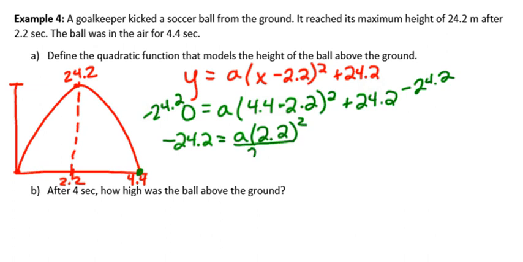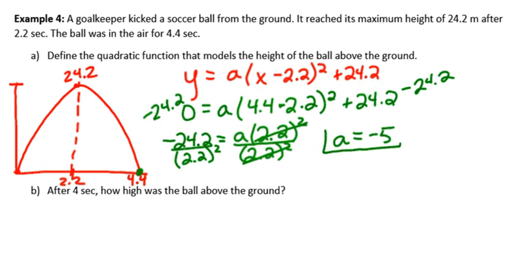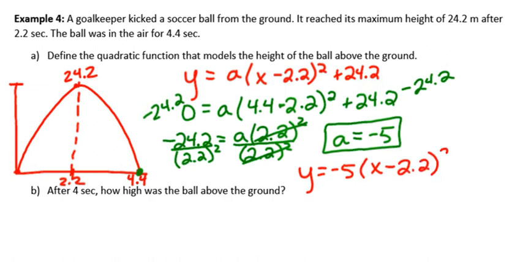We can divide both sides by that, so that those cancel. A will end up equaling -5. So our actual quadratic function back in red will be y equals -5 times x subtract 2.2 squared plus 24.2.